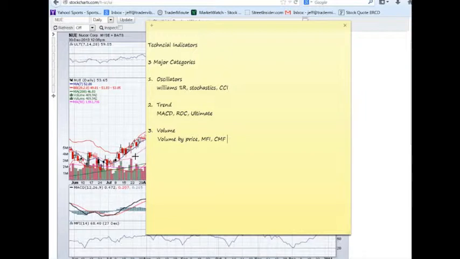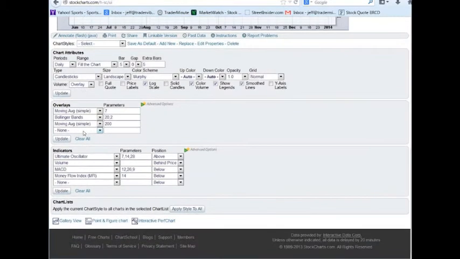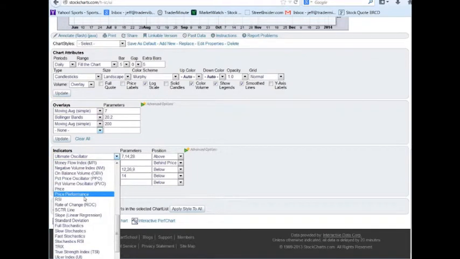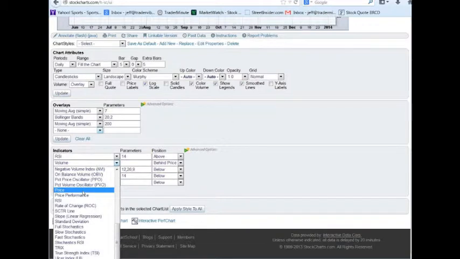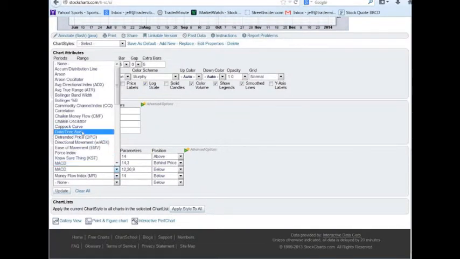One of the mistakes that a lot of new technical analysts will make is they will set up their chart like this. They'll say, let's put on an RSI, which is an oscillator. Let's put on a slow stochastics, which is an oscillator.